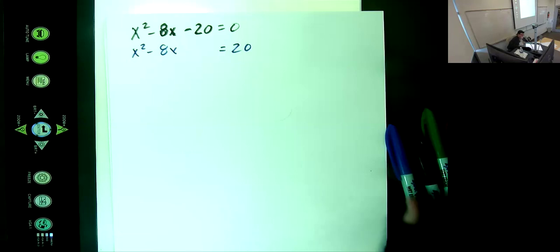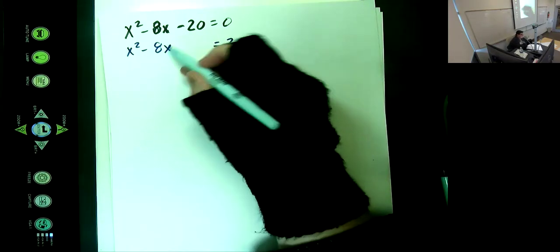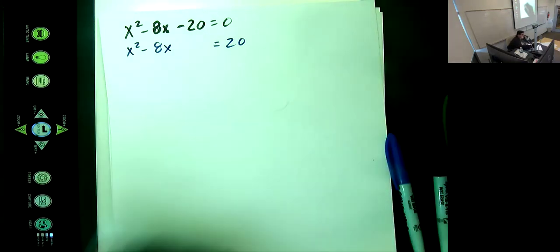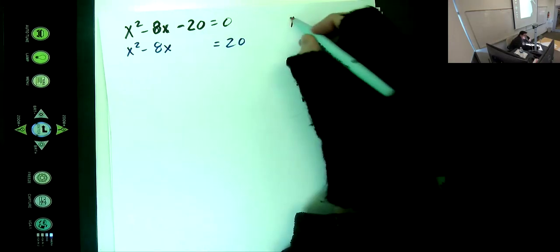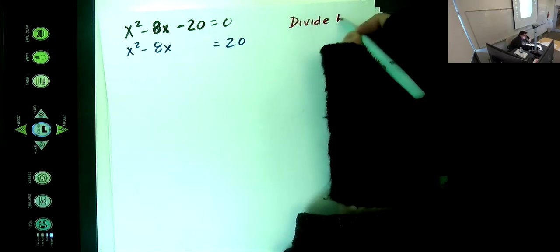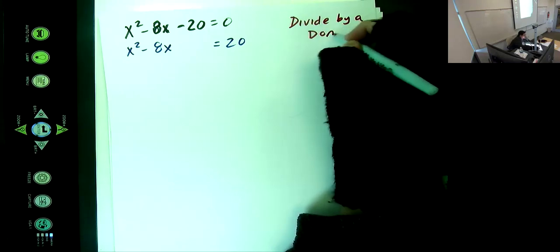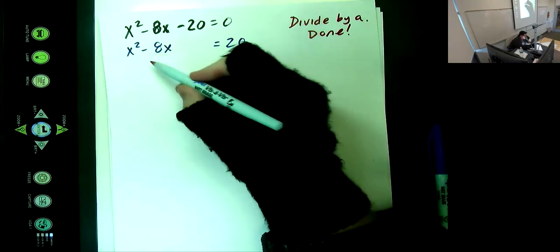All right. What's my first step here? Divide by a. But what does that do here? So, done, but it's good to know. And then you do 1/2 b squared.